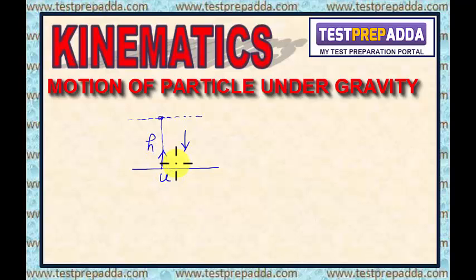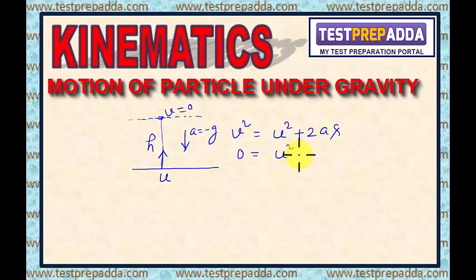Now to get this maximum height h, we can use equation of motion v square is equal to u square plus 2as. Here v will be 0. Finally, the velocity will become 0. And u square is the initial velocity. Here, the acceleration will be taken as minus g. Okay, so here I'll write minus 2g and s is h. So the maximum height h that we get here is u square upon 2g.